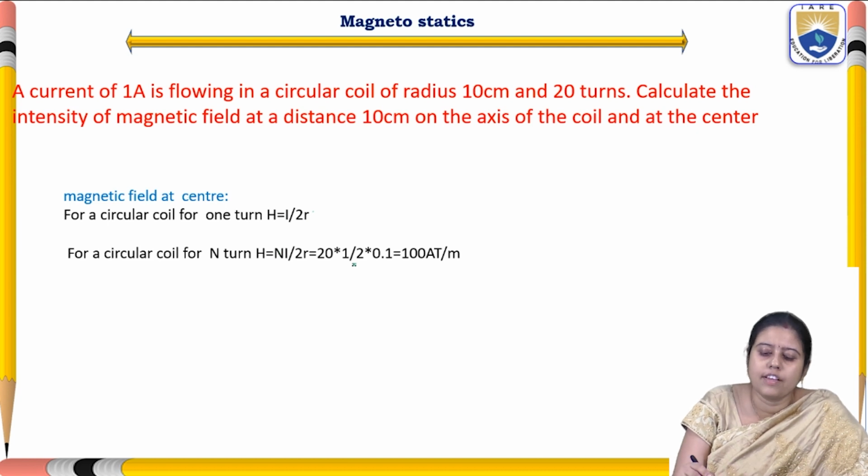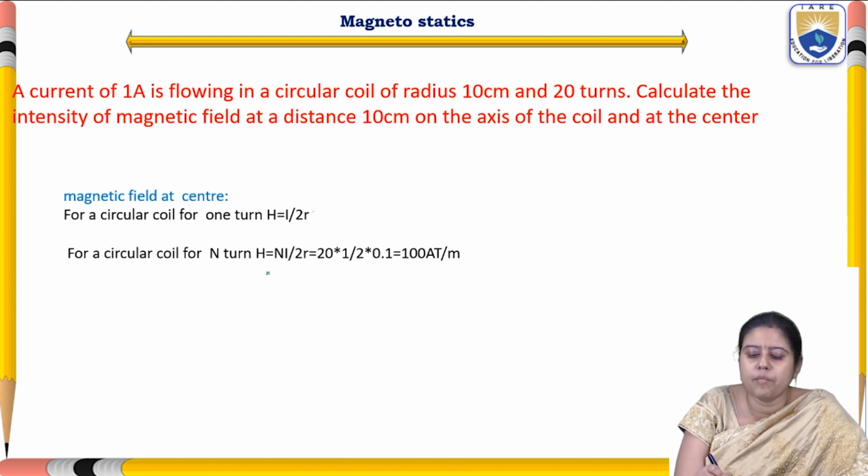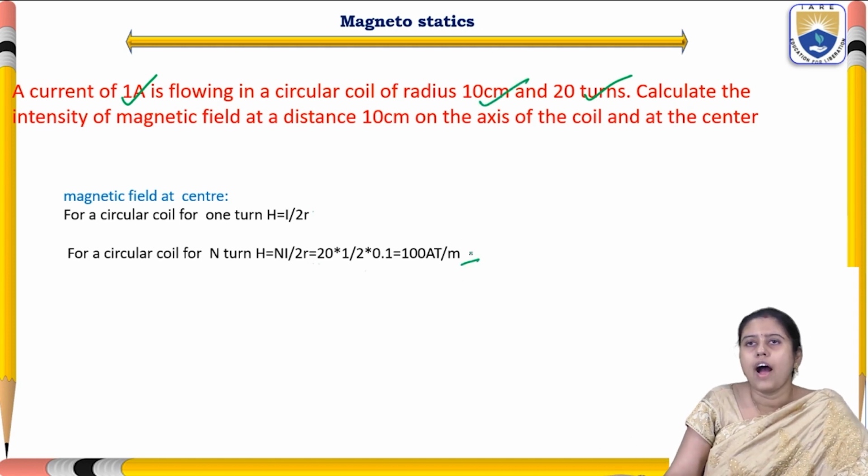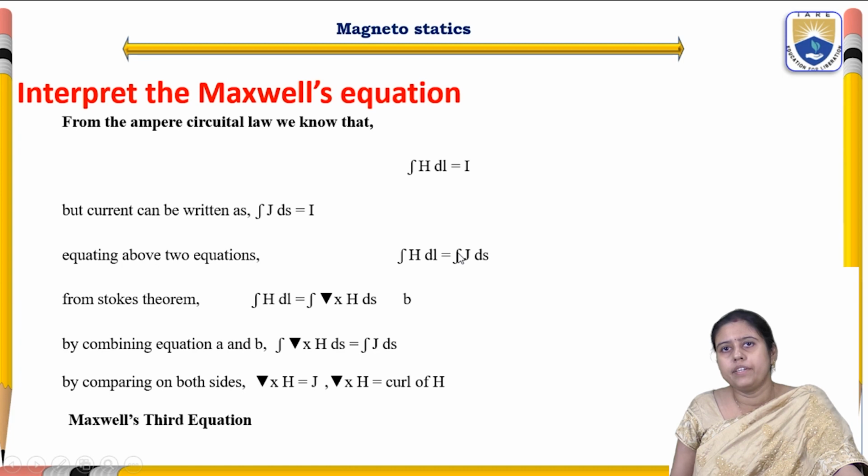For N turns, we get Ni by 2R. N is 20 turns, I is 1 ampere, R is 10 centimeter. So we get the value 100 ampere turn per meter.